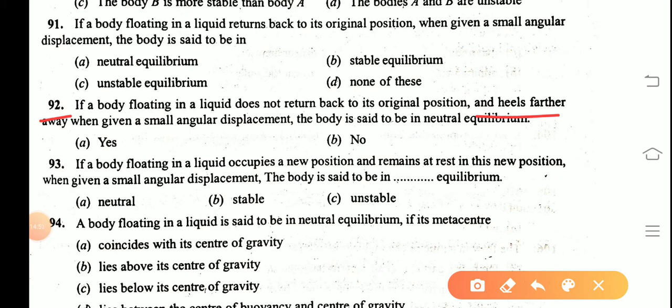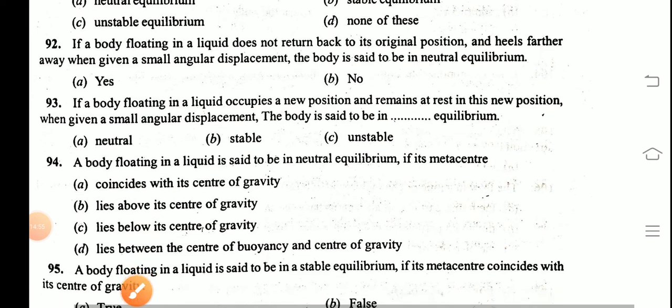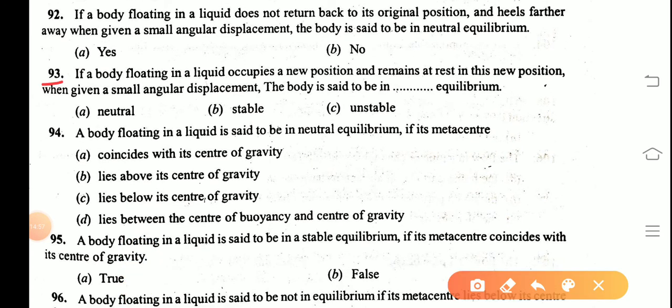Yes or no? So the answer will be no. 93. If a body floating in a liquid occupies a new position and remains at rest in the new position when given a small angular displacement, the body is said to be in dash equilibrium. Neutral will be the answer.